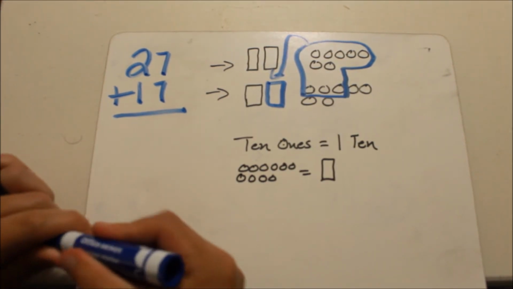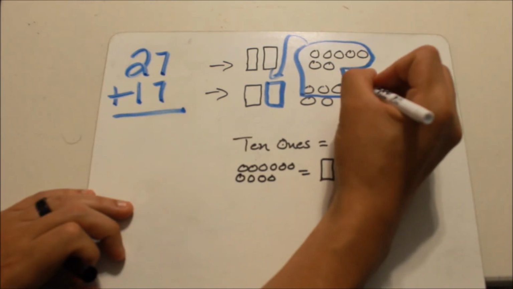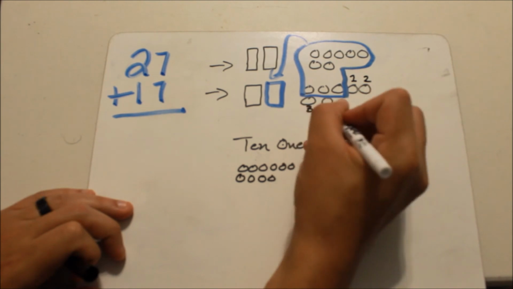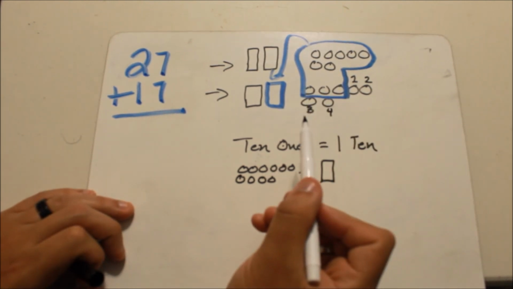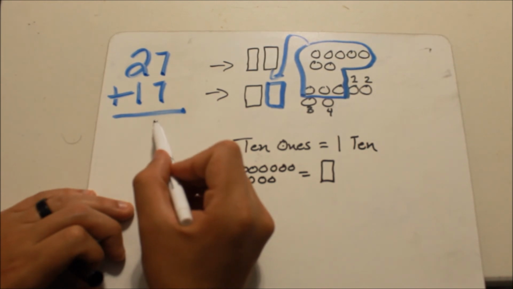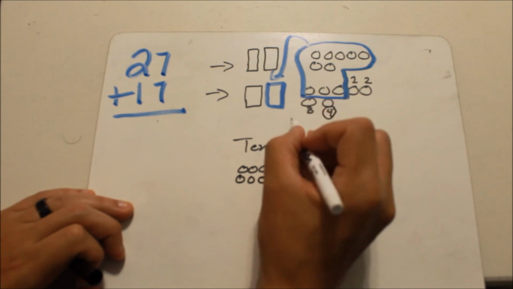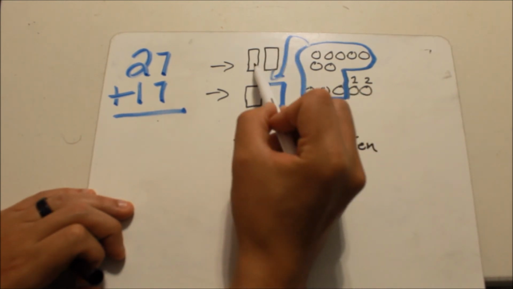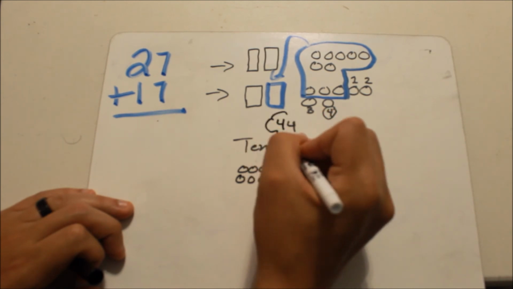Now, how many ones do I have left over? Well, let's see. I have 1, 2, 3, 4. Well, let's go over here and check our problem to see if it matches. I should have 4 ones, and I should have 1, 2, 3, 4 tens. This should be my answer.